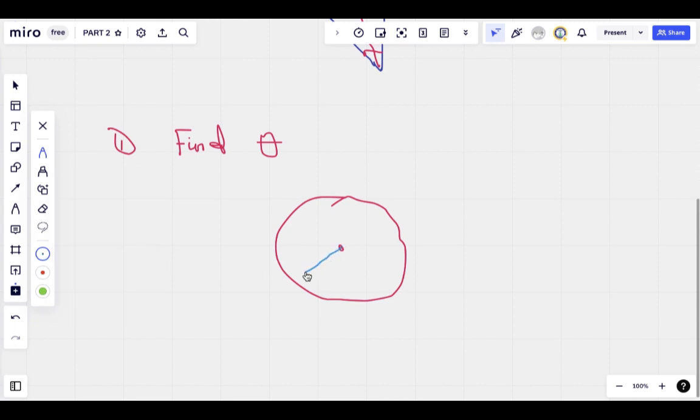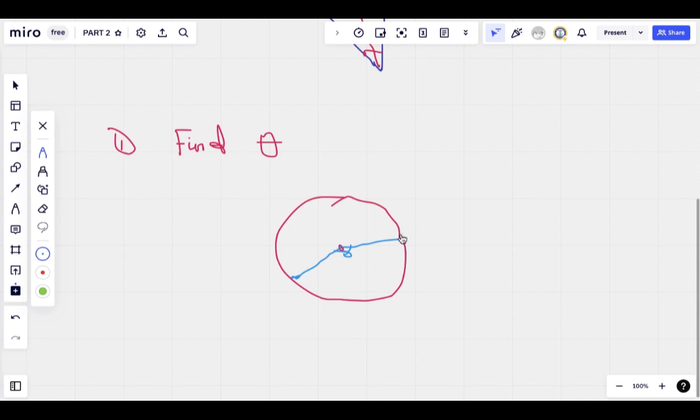Here is a radius. Here is another radius. This is the angle theta they want us to find, this place. They want us to find angle theta.